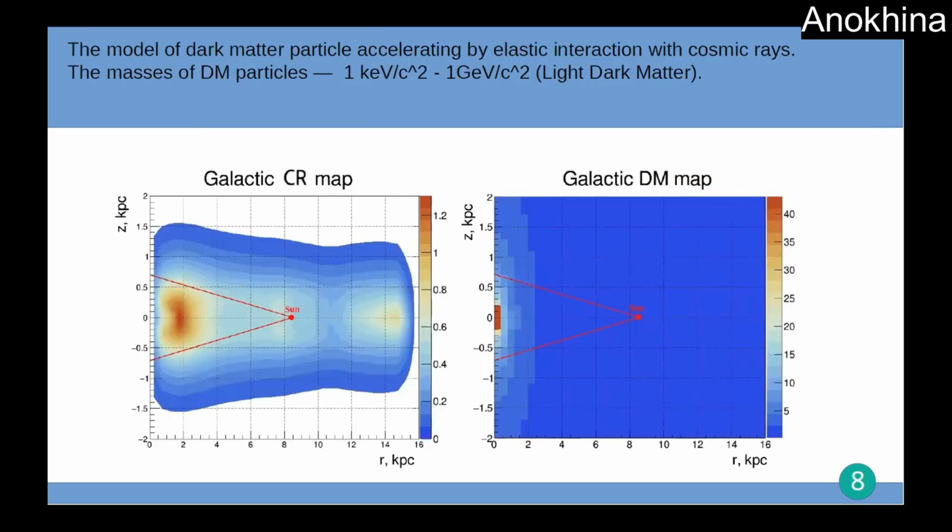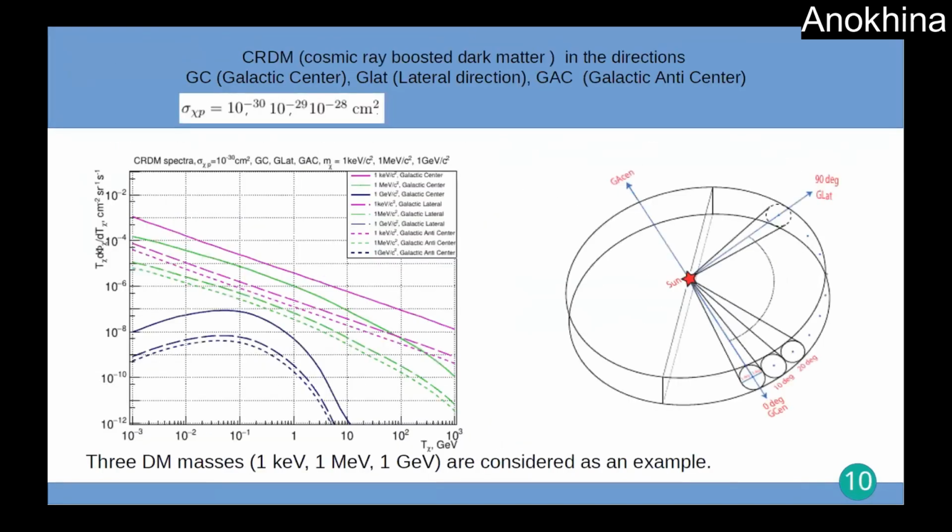On this slide, you can see the galactic cosmic ray map obtained by the Galprop code, and this is the galactic dark matter map obtained with the Navarro-Frenk-White profile. You can see that in the vicinity of the galaxy center, we can expect an excess of boosted dark matter from interaction with high-energy cosmic rays.